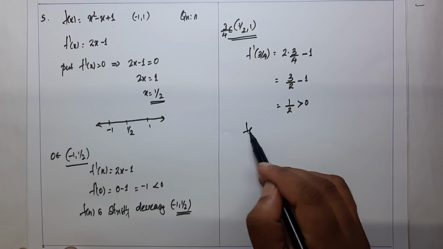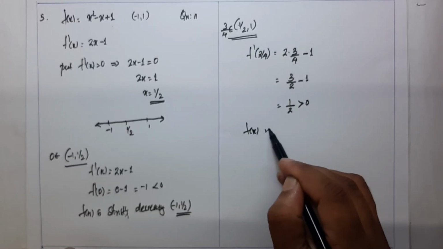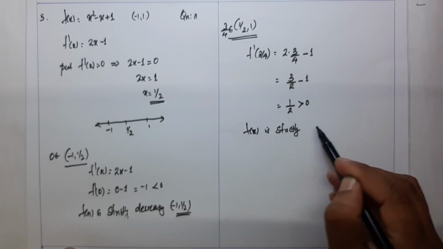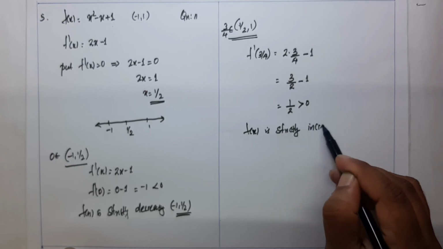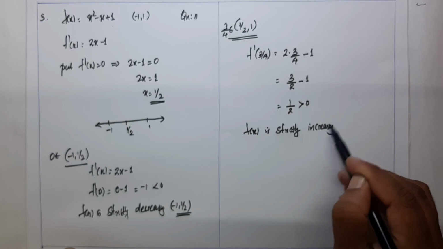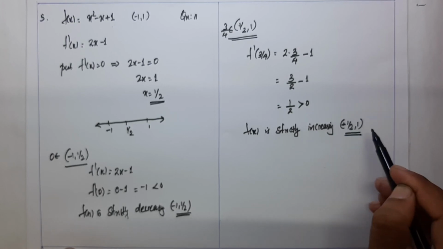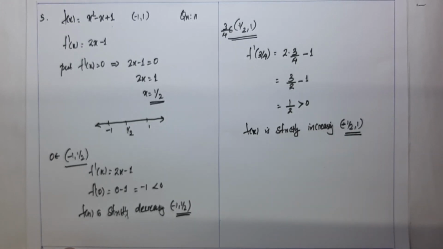That means our function f of x is strictly increasing on 1 by 2 comma 1.